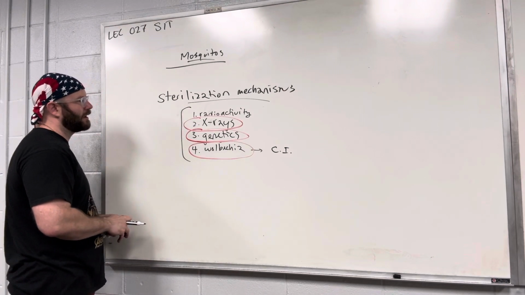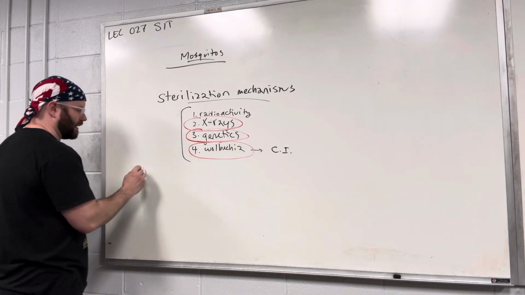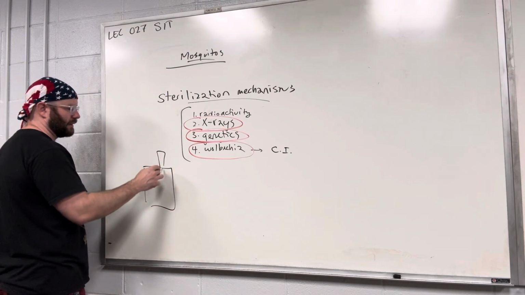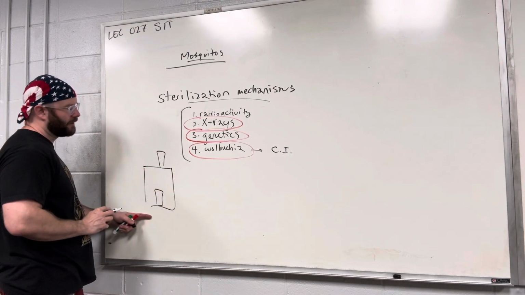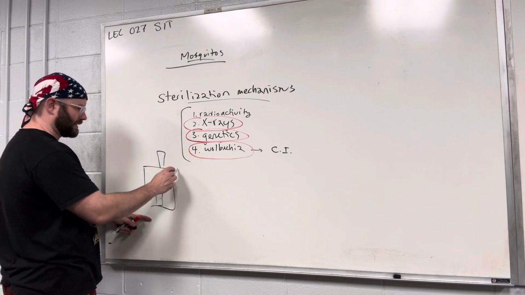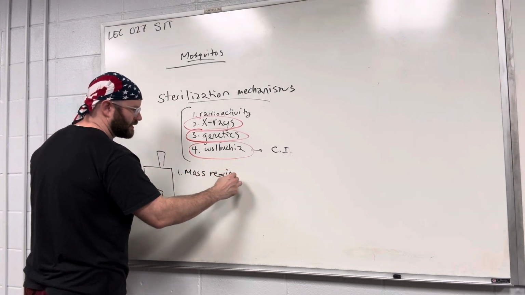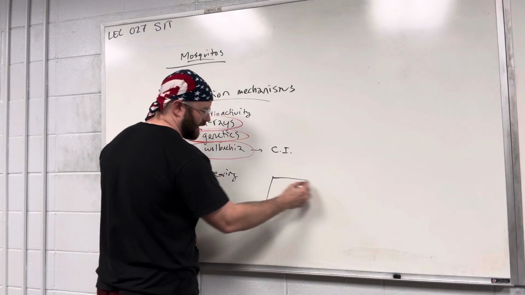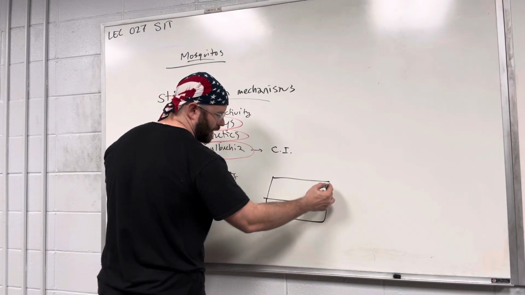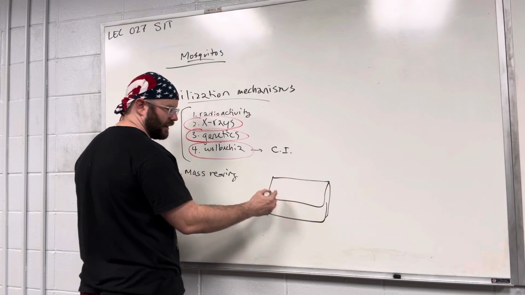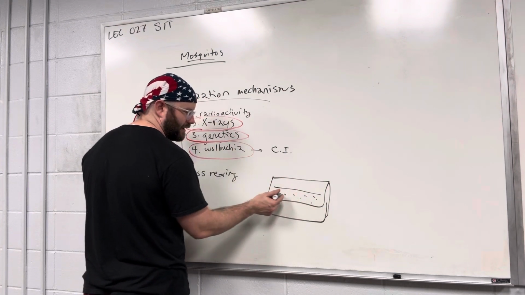It's probably also worth talking about the process in mosquitoes. For mosquitoes, when you have the factory, what are the means of mass rearing? Mosquitoes are pretty easy to rear. You just have tubs of water, and you hatch the eggs in the water into larvae.